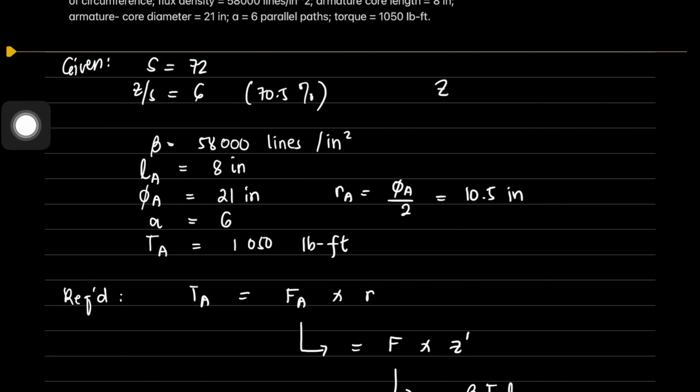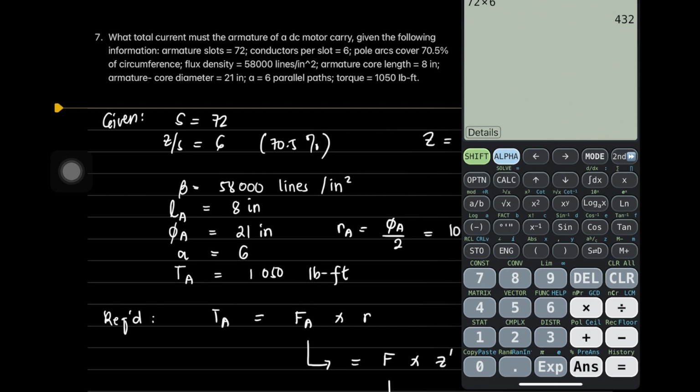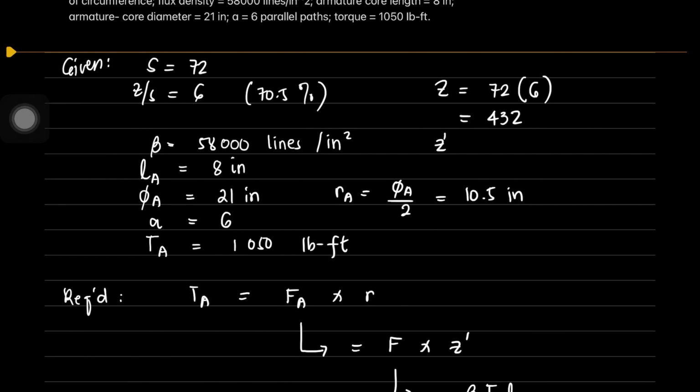So the total number of conductors would now be equal to 72 times 6, which is 432. And Z prime, because 70.5% is the number of conductors directly under the pole, we're going to multiply the total number of conductors by that percentage.